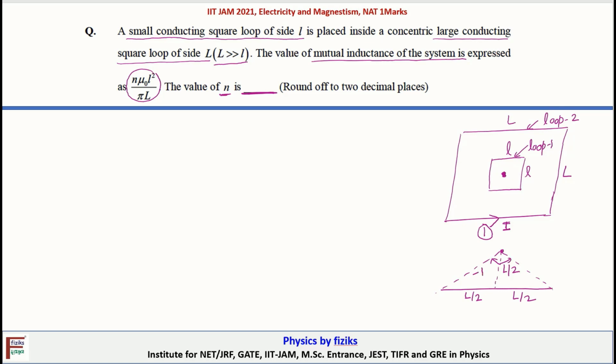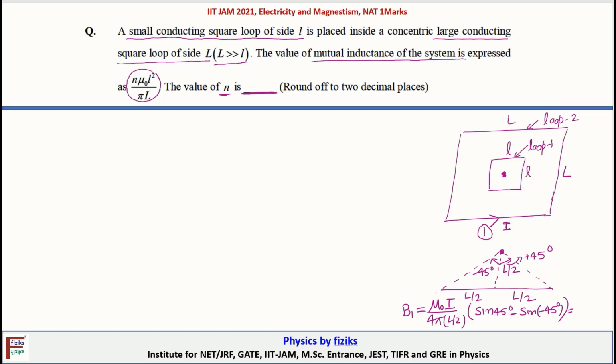This will be minus 45 degrees, and this angle will be plus 45 degrees. So the magnetic field due to this segment is B1, given by mu naught I by 4 pi into the distance from the wire, that is L by 2, into sine 45 degrees minus sine of minus 45 degrees.